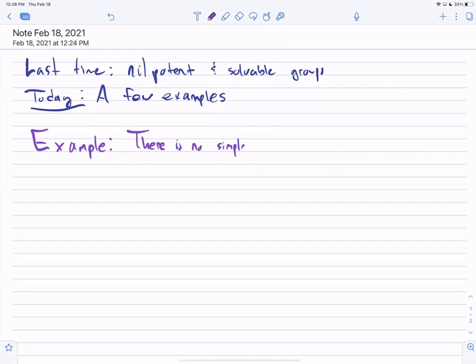So there's no simple group of order 3,675. Okay, so let me factor that for you. This is 3 times 5 squared times 7 squared.